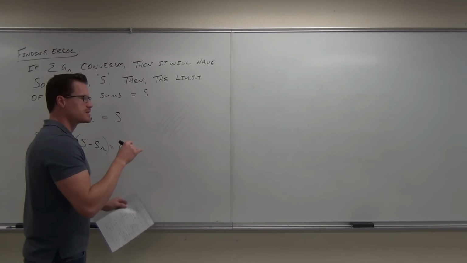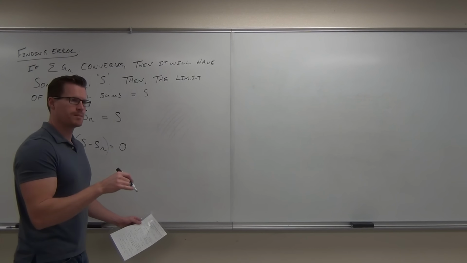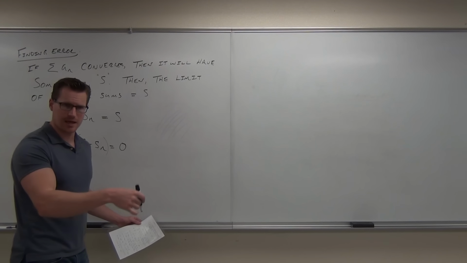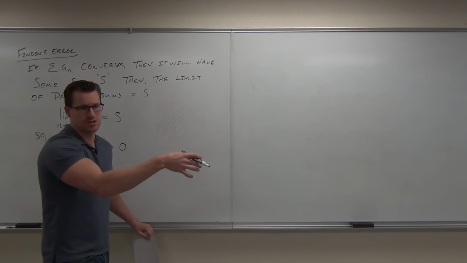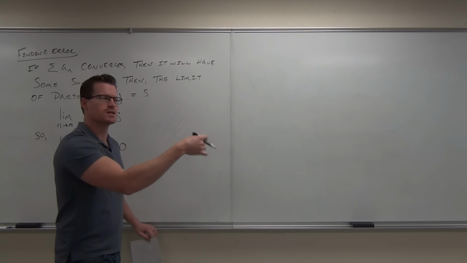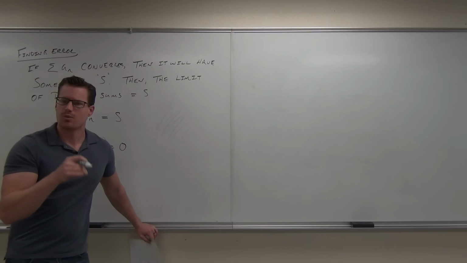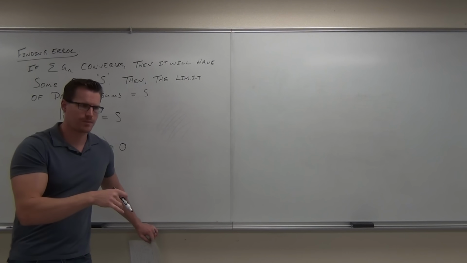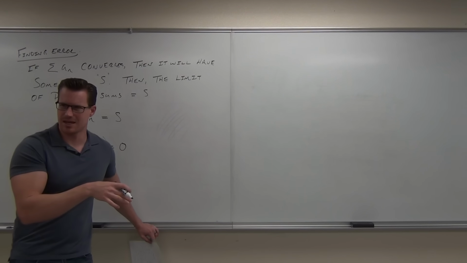If n doesn't actually approach infinity, there's going to be some difference between S sub n and S. Does that make sense? We usually can't get to infinity. We have this definition of a limit saying n approaches infinity. But if we don't actually get there, there's going to be a difference between S sub n and S. We call that difference error, or we have a special name for it. We call it R sub n. You guys get the idea here?